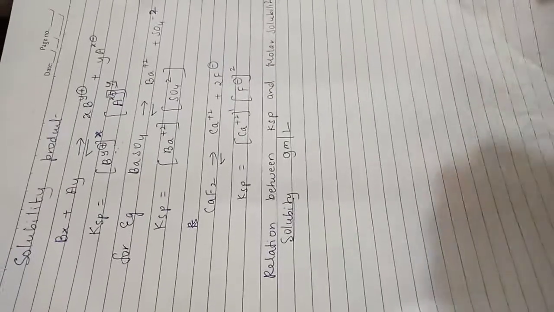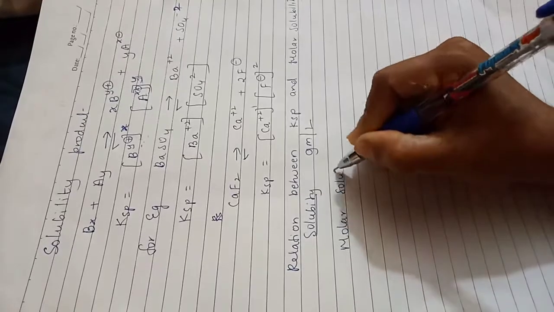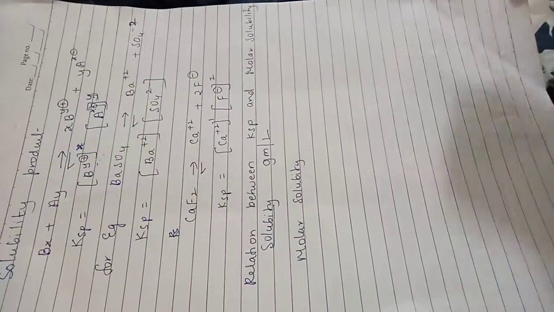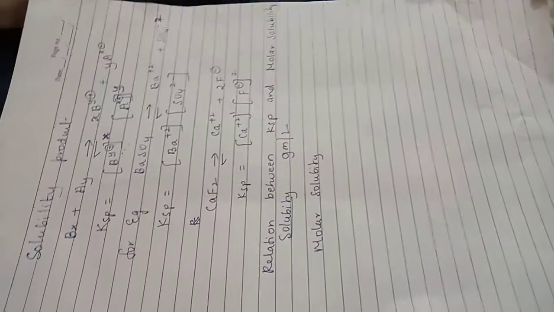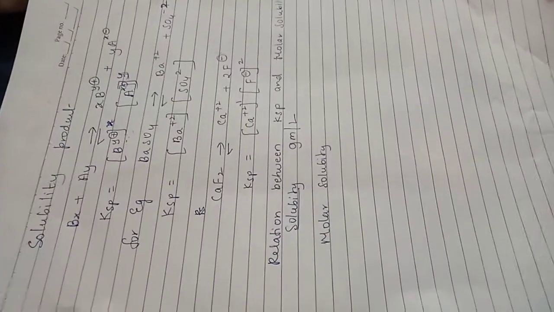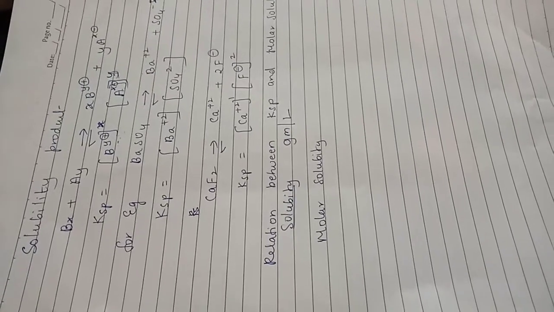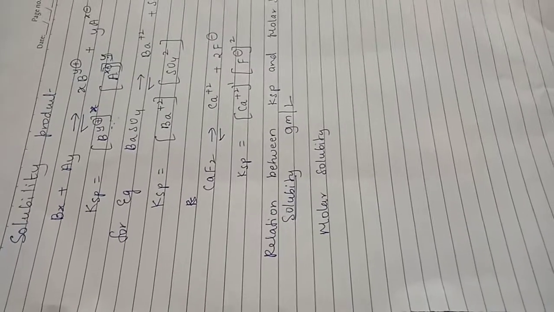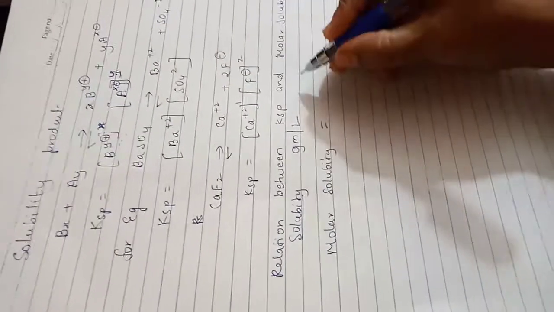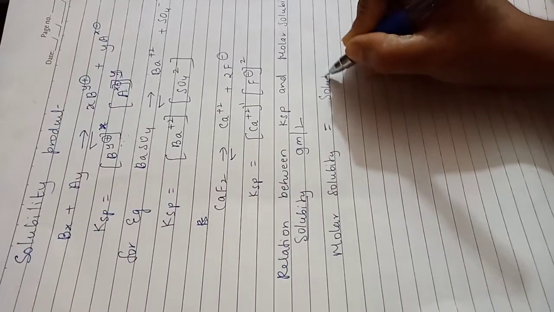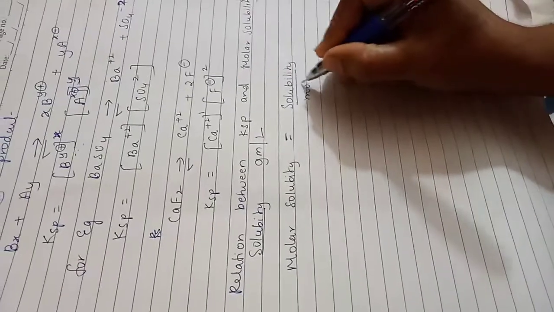Precisely, what is molar solubility? Molar solubility is defined as the number of moles of a compound required to form 1 liter of saturated solution. Molar solubility is given by the ratio of solubility to the molar mass.